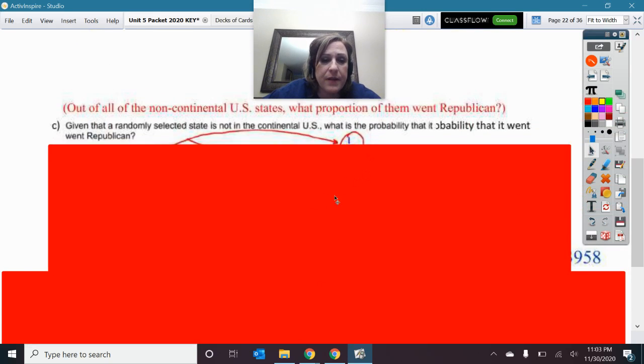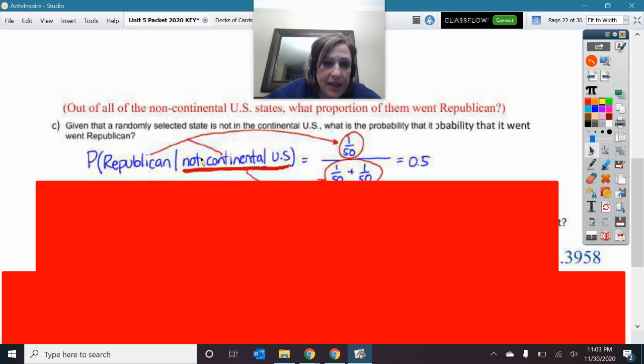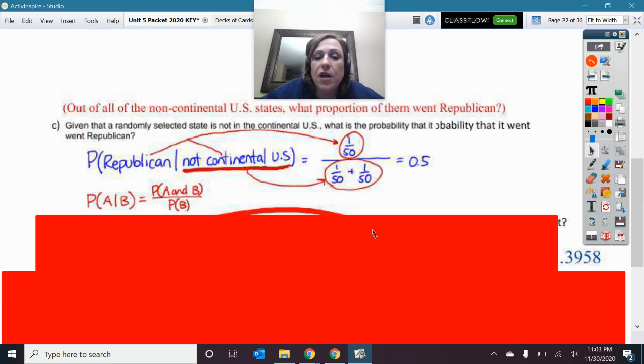Given that it's a non-continental state, what's the probability that it went Republican? Okay, so on the bottom is the total non-continental ones, and the top is the Republican portion of that non-continental.